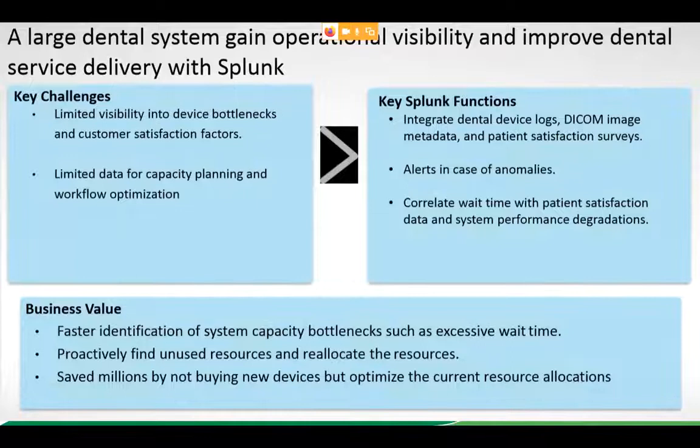So you get faster identification of system capacity bottlenecks such as excessive wait time. You can proactively find unused resources and relocate them. You can save millions by optimizing your operations, just by doing those key monitoring tasks.